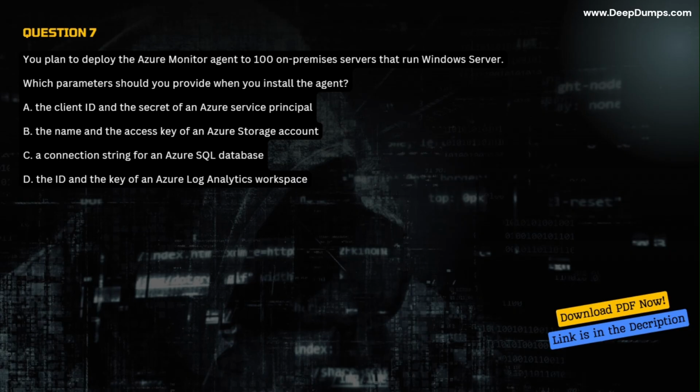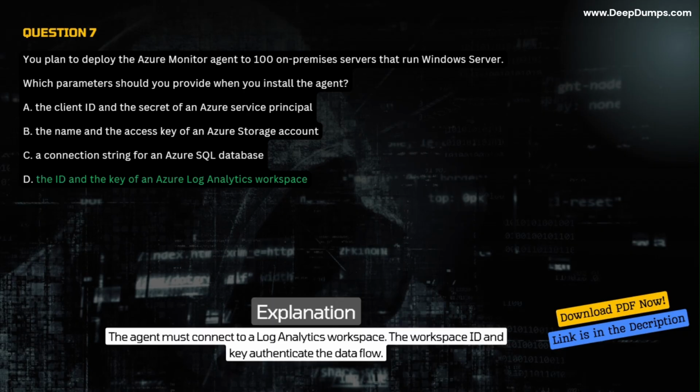C. A connection string for an Azure SQL database. D. The ID and the key of an Azure Log Analytics workspace. Correct answer, D. The ID and the key of an Azure Log Analytics workspace. Explanation. The agent must connect to a Log Analytics workspace. The workspace ID and key authenticate the data flow.